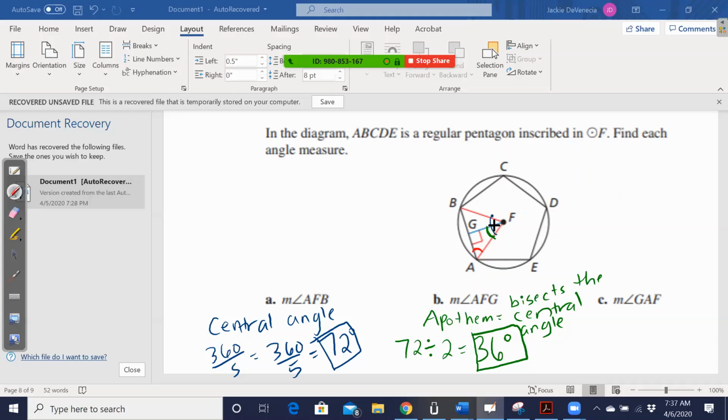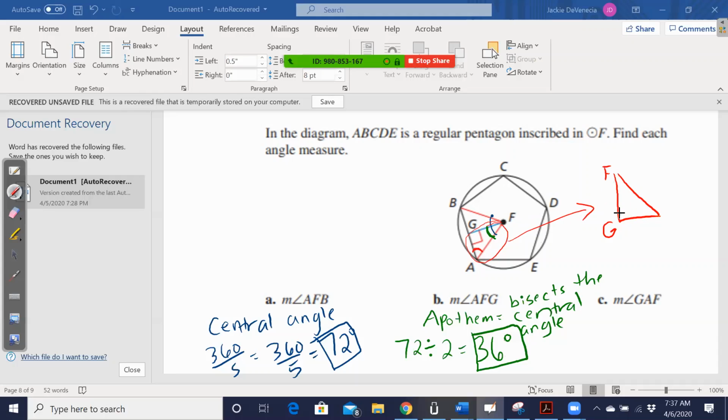So if I was going to redraw this outside, it'll look similar to this. So G would be over here, F would be above, and I'm just copying what I see over here.